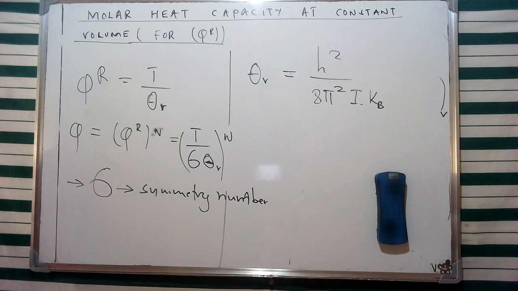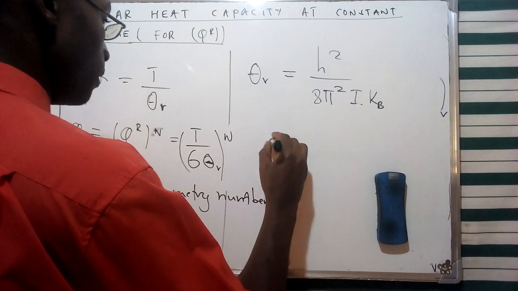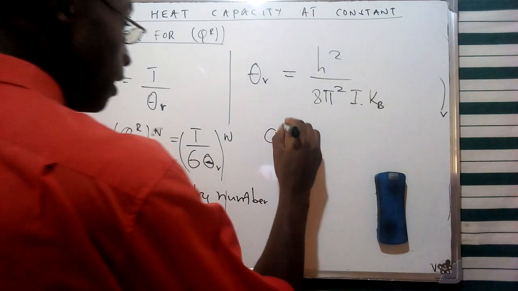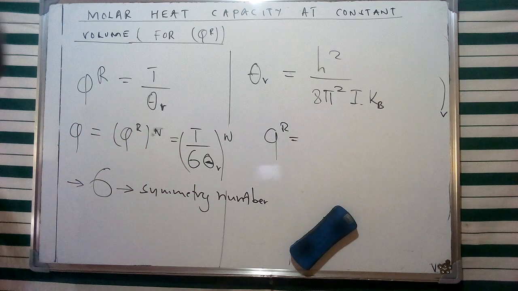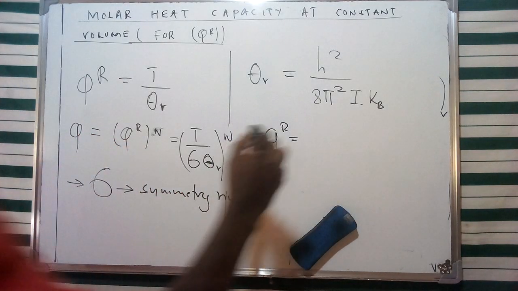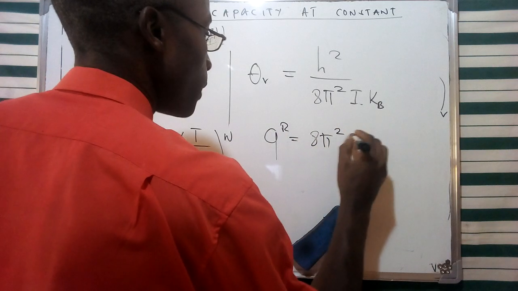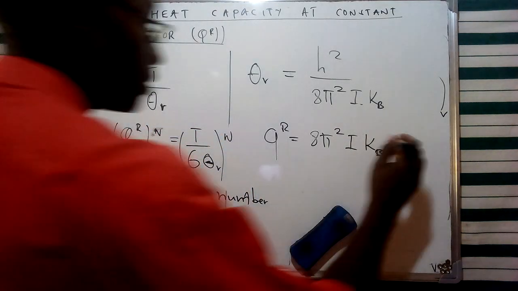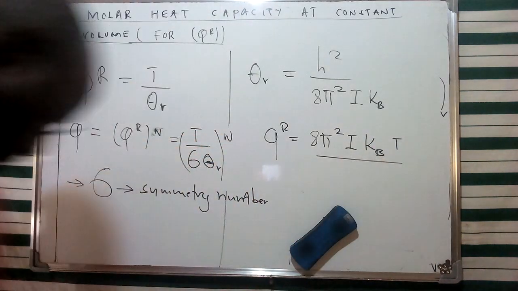And of course, this implies that we have this rotational function given in terms of this value, whereby we had 8 pi squared. We just give it in terms of a full representation so that we can see how that is going to be applicable.